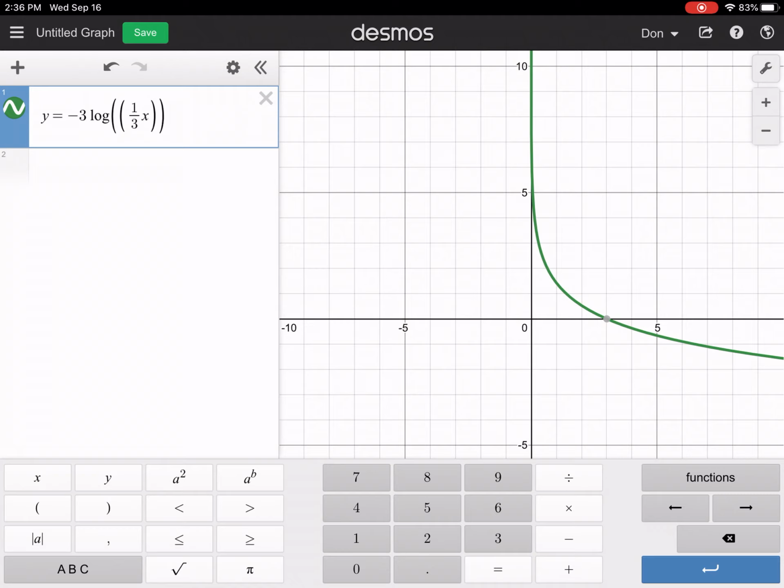Now I got a double set of brackets there, but I don't think that's going to cause me any problems.